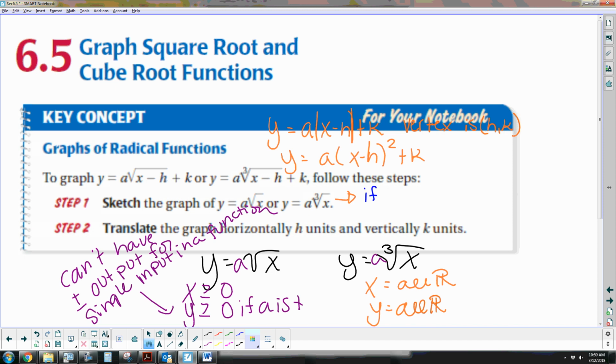So if a is negative, then you have a reflection over the x-axis.